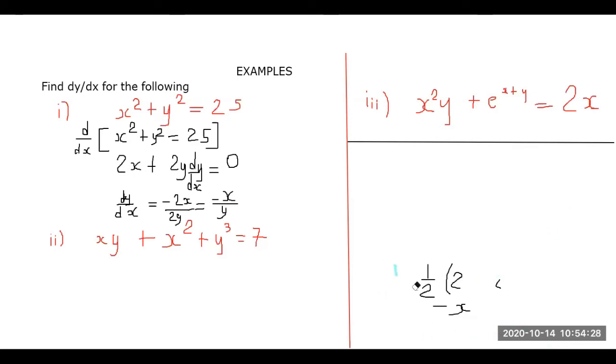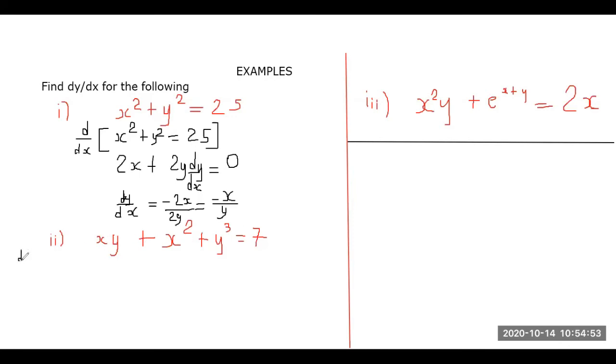So for example 2, what we're doing is xy plus x squared plus y cubed is equal to 7. Now to differentiate xy, this is a product. So this is your u and this is your v. So what are we going to do? We're going to differentiate it using product rule. So the first step is to find d by dx of both sides.